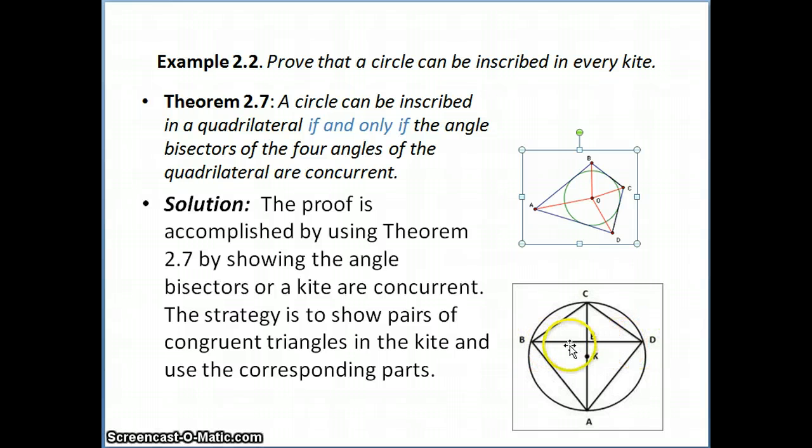so we cannot use the diagonal BD, but we can try to find a point K on AC such that BK and DK are angle bisectors.